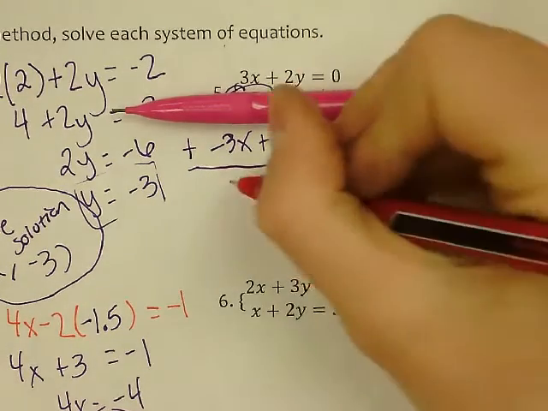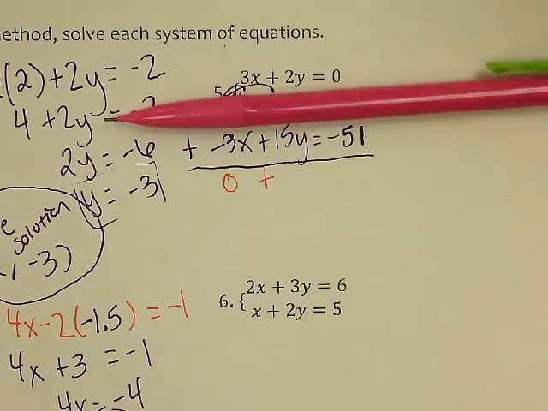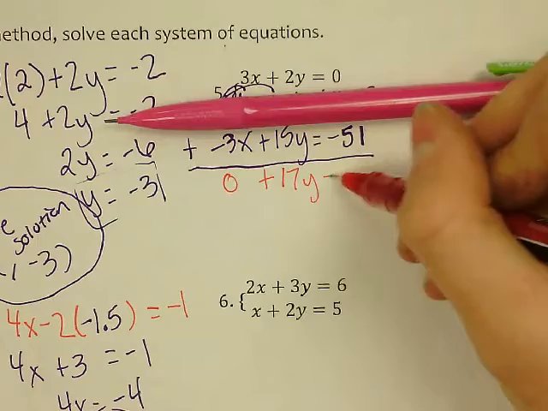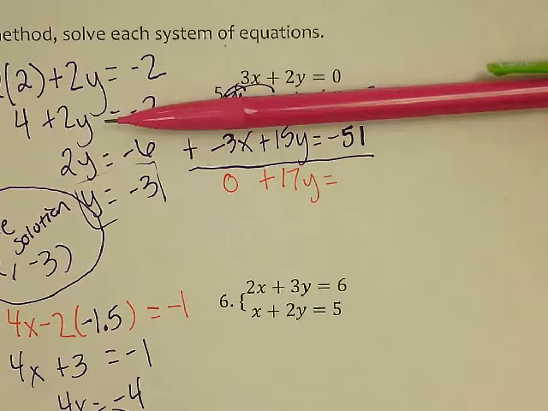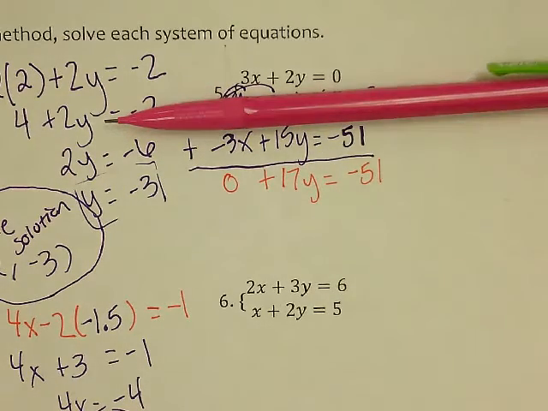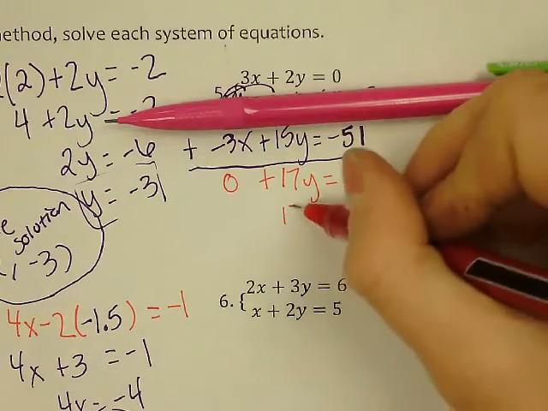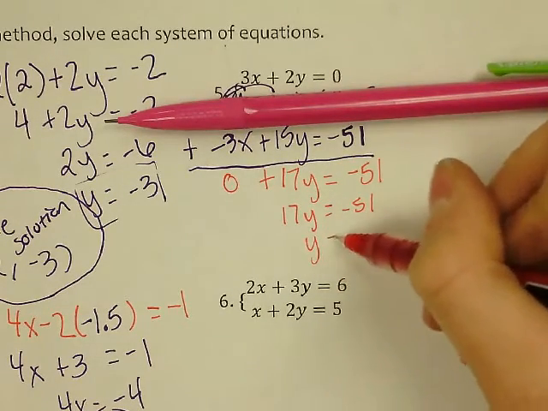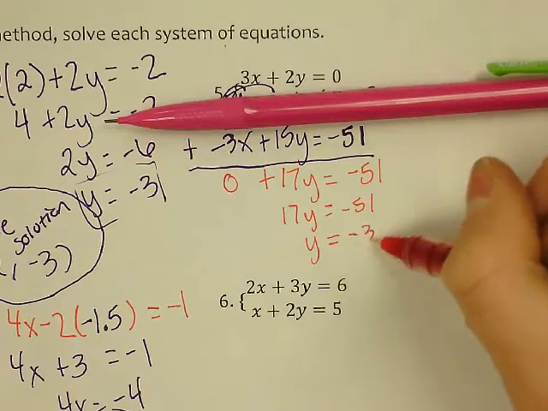Cancels out. Boom, bye. All right, and then 2y plus 15y is 17y, and then 0 and -51. So now I've got 17y equals -51. Divide by 17, y is -3.